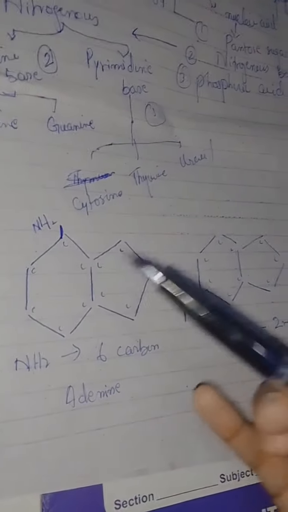Now these three, by seeing them, we can identify that these are single ring structures, so these are pyrimidine bases, because they have a single ring structure, and purine bases have a double ring structure.